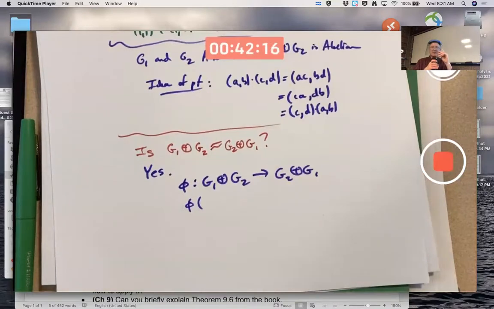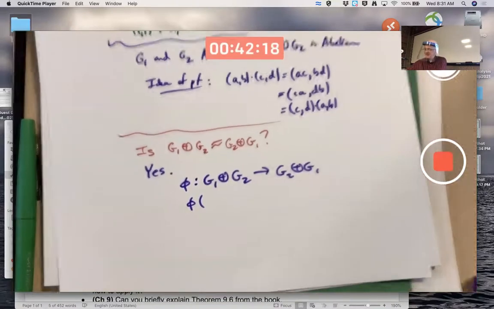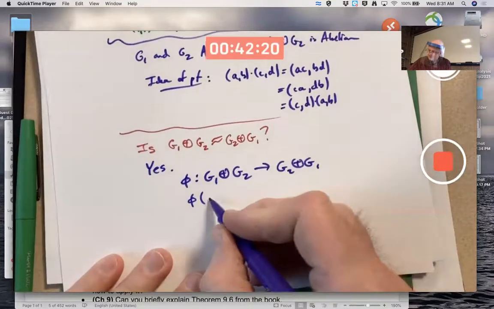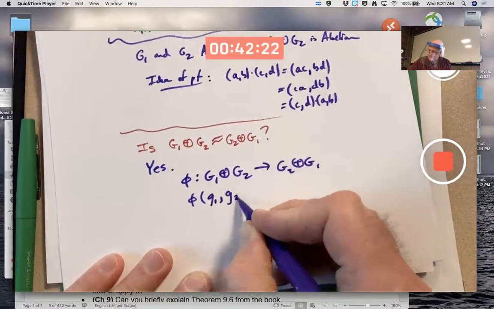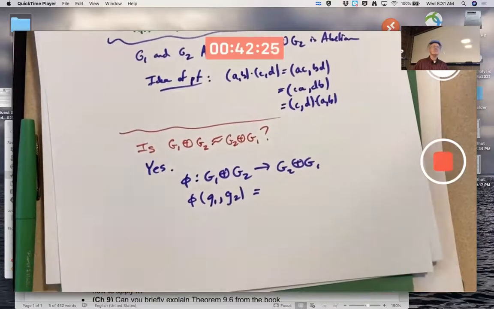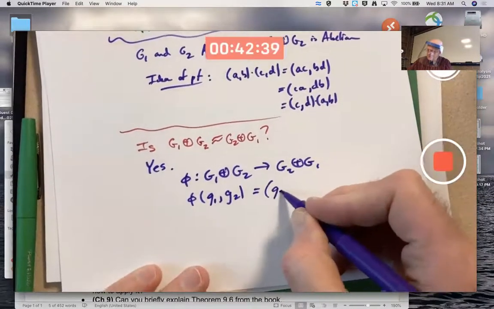What's a natural formula to use for phi? Say if I say the input here is, well, let me use lowercase g's. What's a natural thing to guess might be an isomorphism? Yep, switch them around, G2 comma G1.